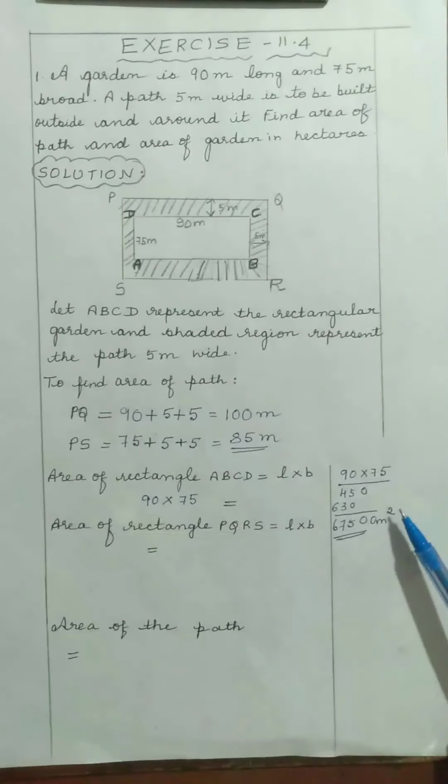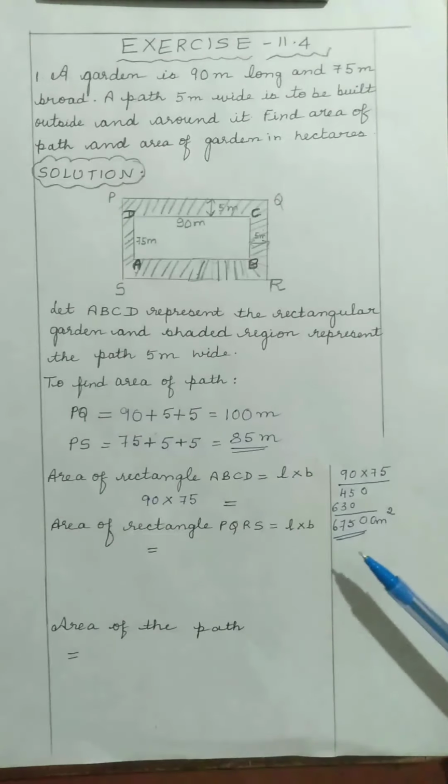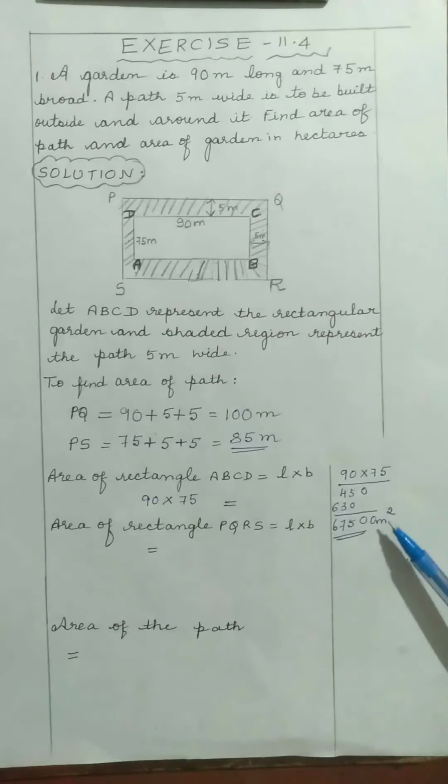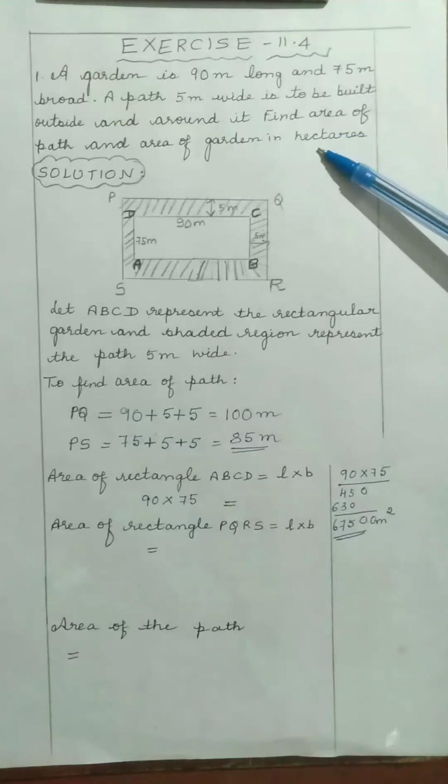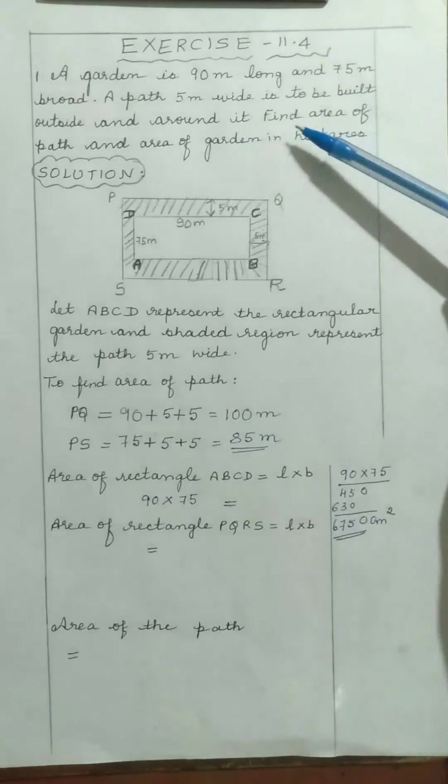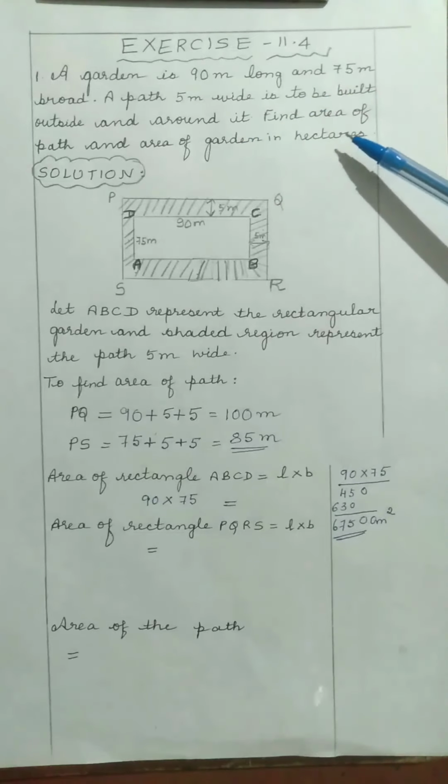6750 meter square. And this 6750 meter square, we need to convert into hectares, because in the question they have asked the area of the garden to be expressed in terms of hectares.